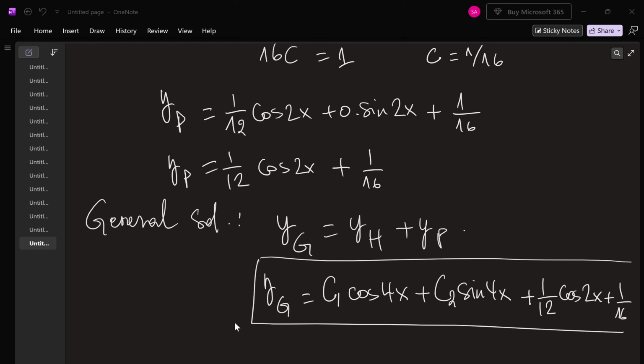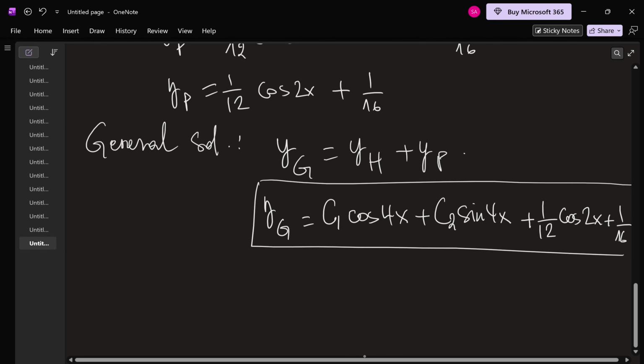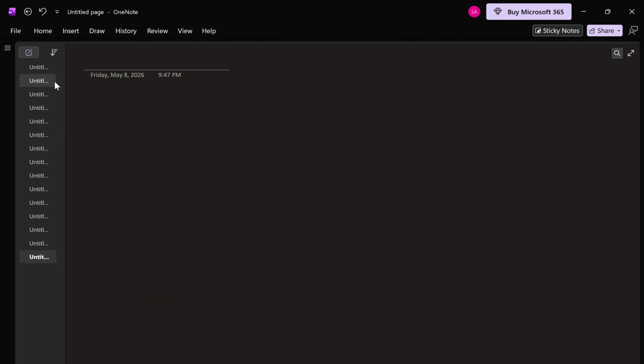Now we continue with the next problem. Is there any question before going to the next problem? In this problem we should use the variation of parameters. Here the things are going to be a little messy, not like the first ones.